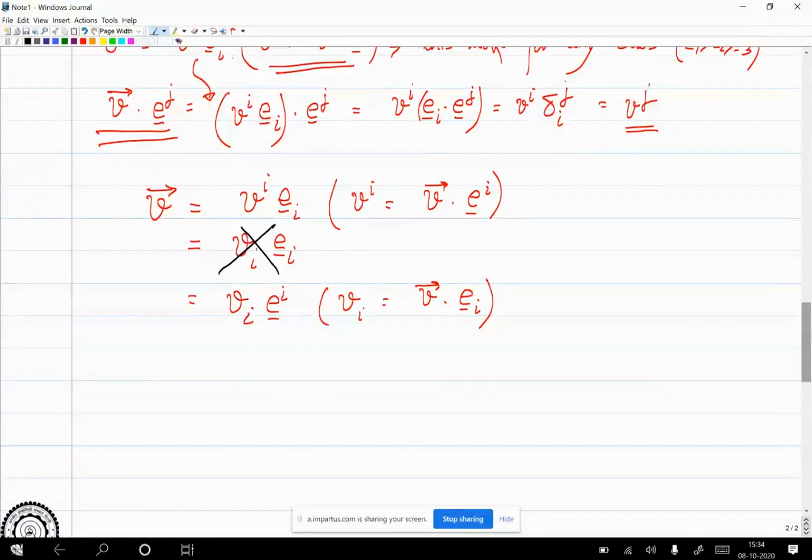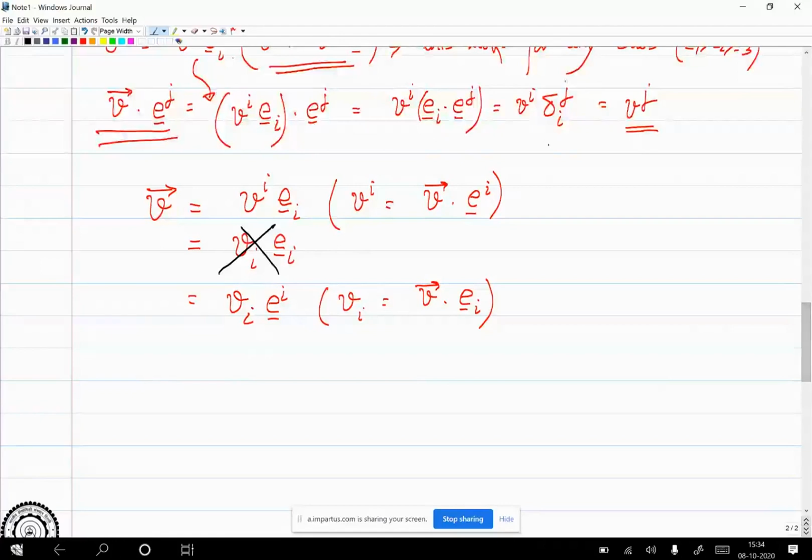Okay, that is not allowed. With a curvilinear coordinate system, whenever you have a repeating index, one should be in the superscript and the other one should be in the subscript. Then only it works. So you always have to make it like this. The repeating index should be such that one of them appears as superscript and the other appears as subscript.